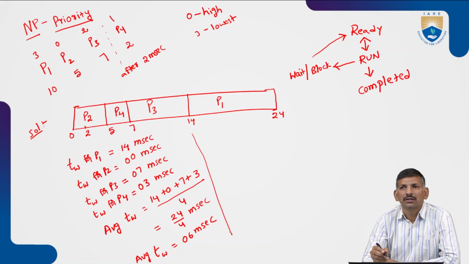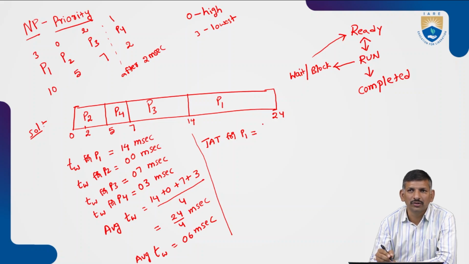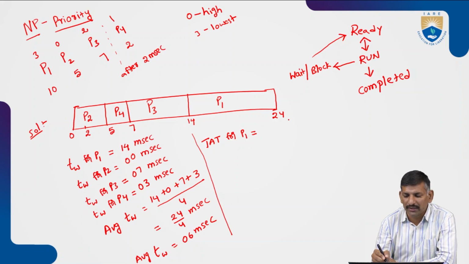Next, turnaround time for process P1. P1 entered into the ready state at the time of 0 and its execution is completed at the 24th millisecond.